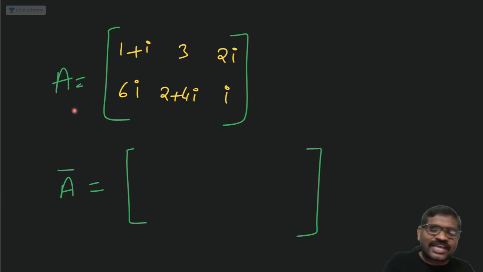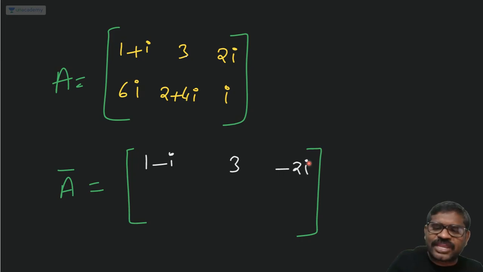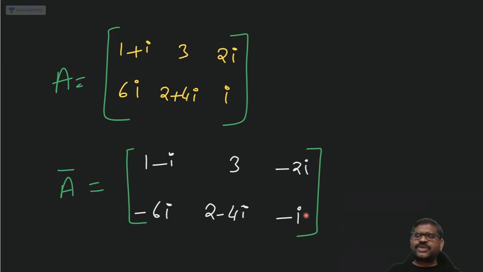What is the corresponding conjugate of 1 plus i? 1 minus i. What is the conjugate of 3? 3 only, because it is real. For 2i, minus 2i. For 6i, minus 6i. For 2 plus 4i, 2 minus 4i. For i, minus i. Now we got the conjugate of A.